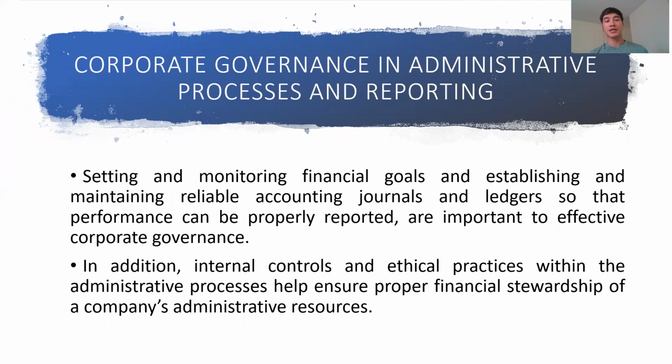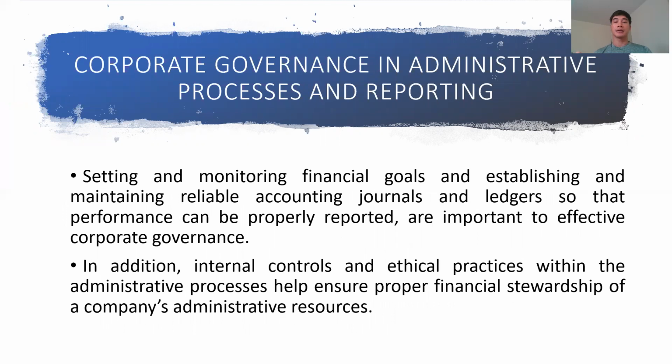So the last study objective is corporate governance in administrative processes. The internal controls and ethical tone and procedures within the administrative and reporting processes are part of the corporate governance structure.